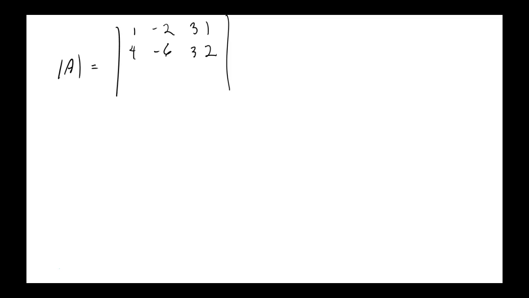Negative 2, 4, 9, negative 9, negative 3. And 3, negative 6, 9, 2. Think that determinant's going to be pretty easy? Might be relatively easy, but it's going to take you a while.